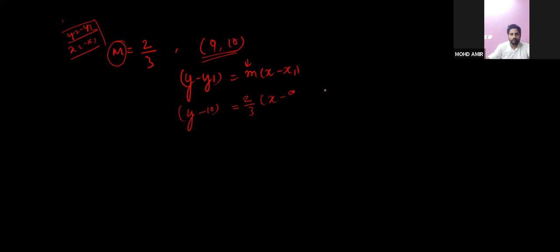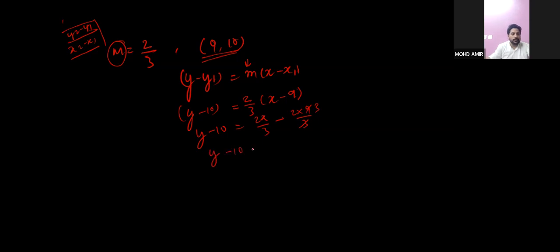Now let's distribute it. So it will be 2 times x over 3 minus of 2 into 9 over 3. 3 3s are 9. These two have common factors, so it will be cancelled out.